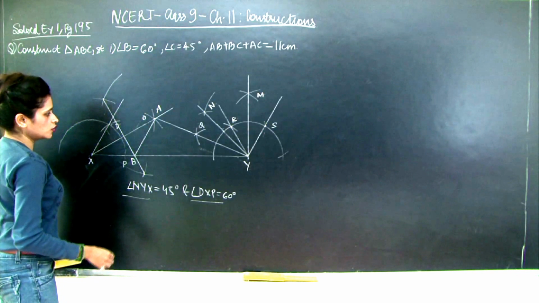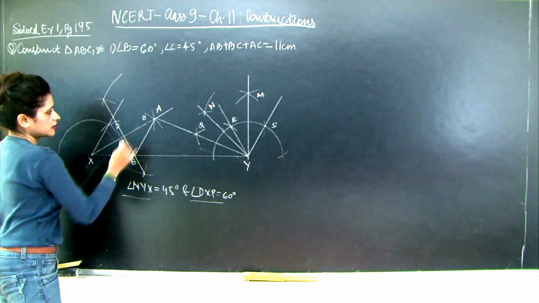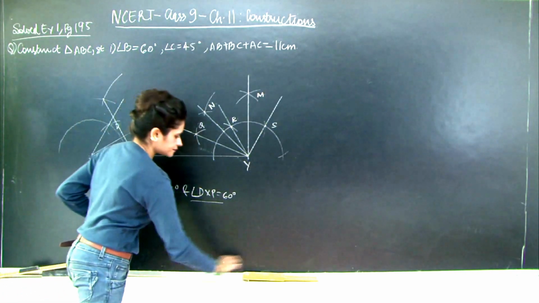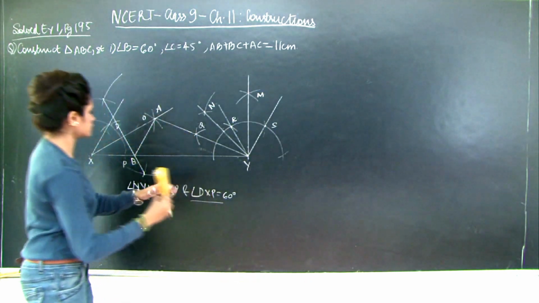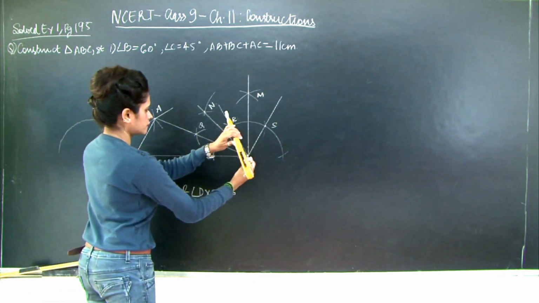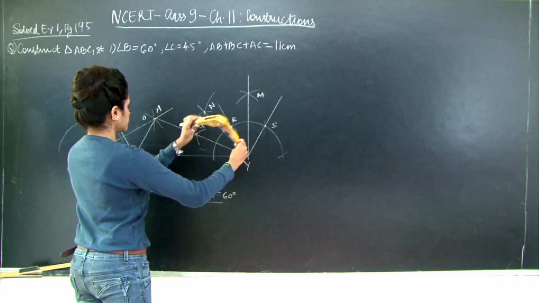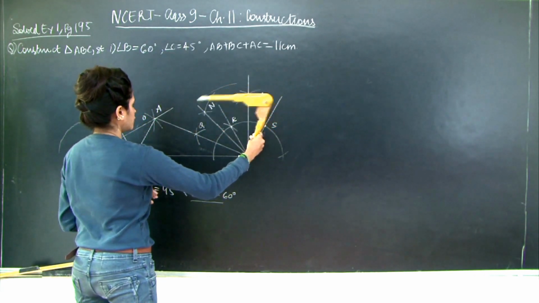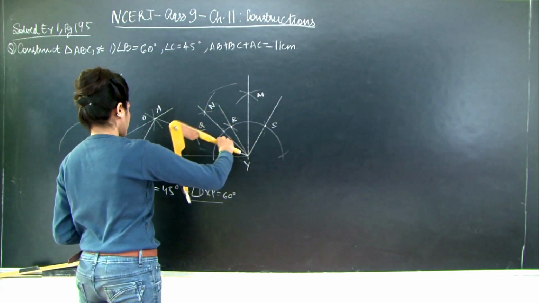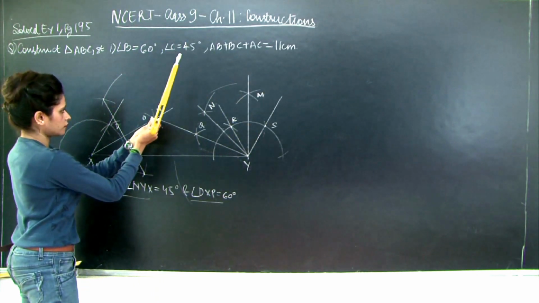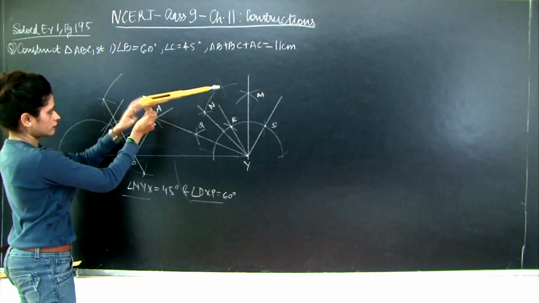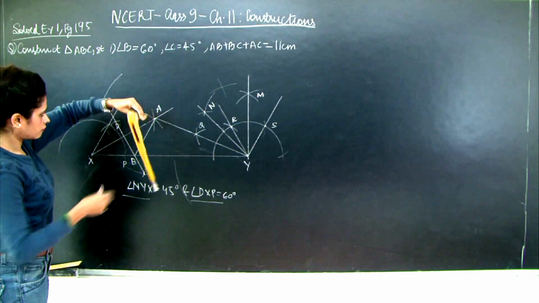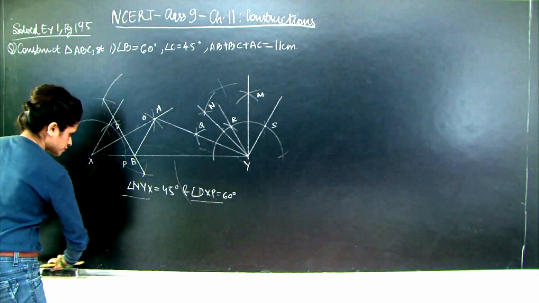and now we need to bisect the side AY. So I might have to erase this section.